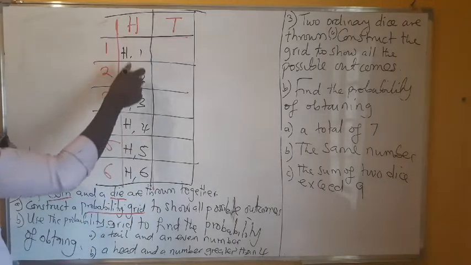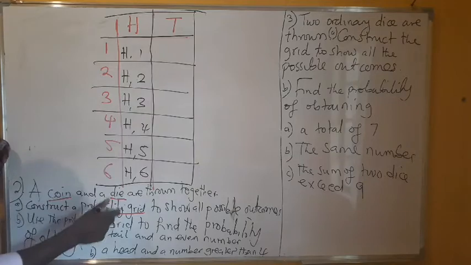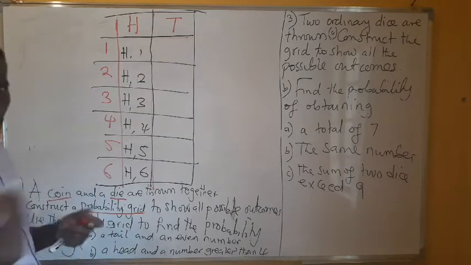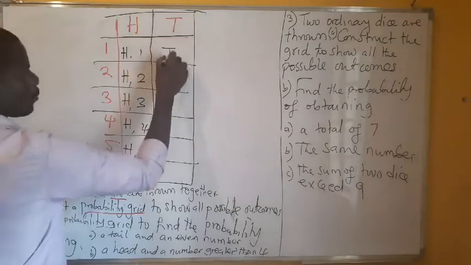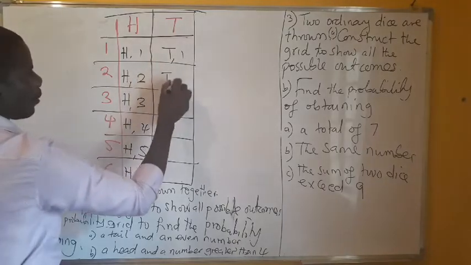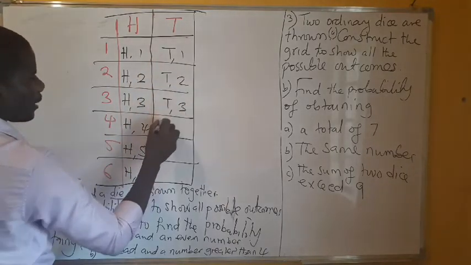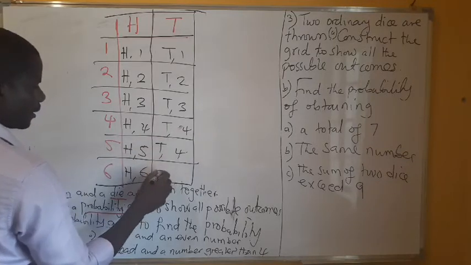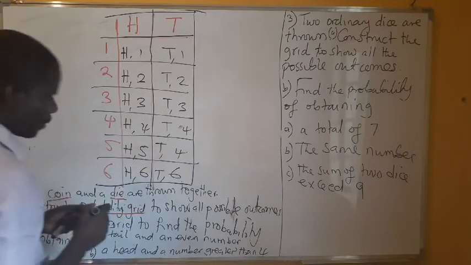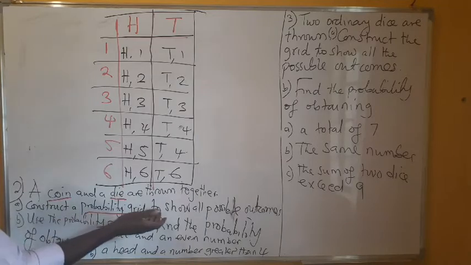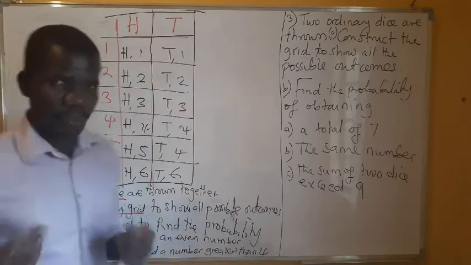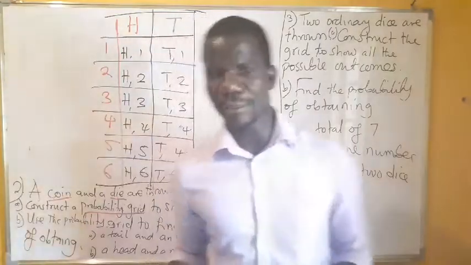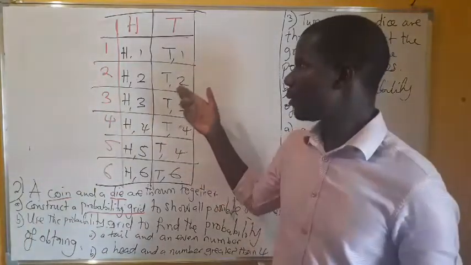These are outcomes on a die. For a coin, it only has 2 possible outcomes. Then the second row will be tail 1, tail 2, tail 3, tail 4, tail 5, tail 6. So here we have constructed a probability grid that shows all the possible outcomes.